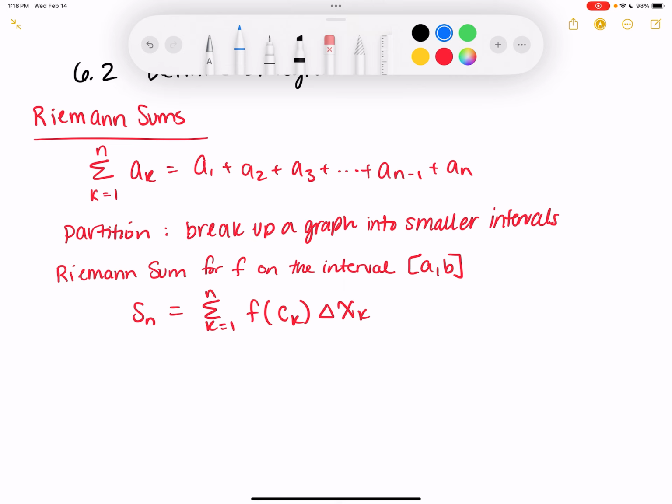So we can define the definite integral as a limit of Riemann sums.